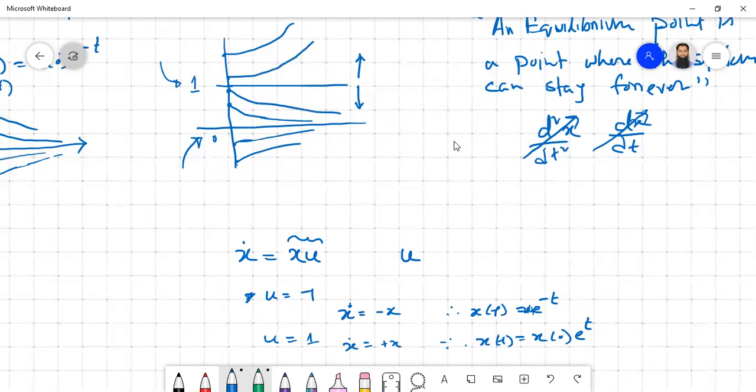So now you have an exponentially rising signal. That is why they are called bilinear systems, and this condition is known as bounded external input. Okay, so this is also a possible scenario.